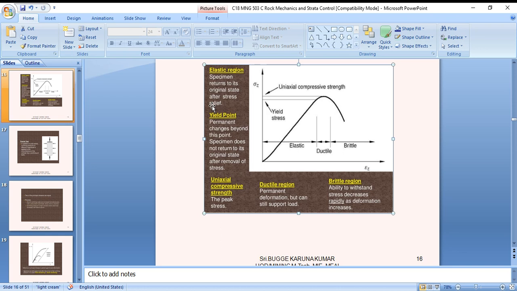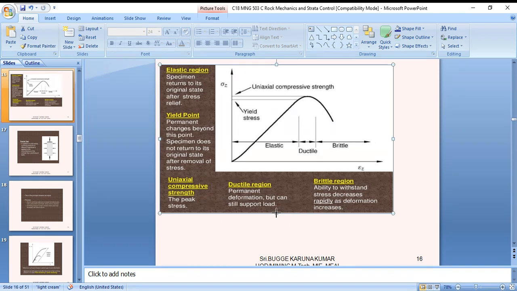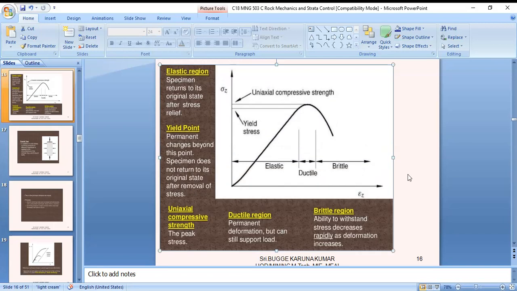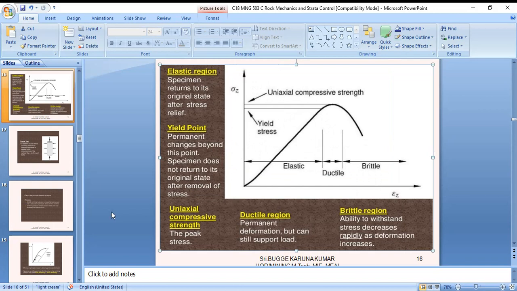Next, in the brittle region, the ability to withstand stress decreases rapidly as the deformation increases. So this is the complete idea of the failure and behavior of rocks. You can note it down in your notes for better understanding of the further lectures.